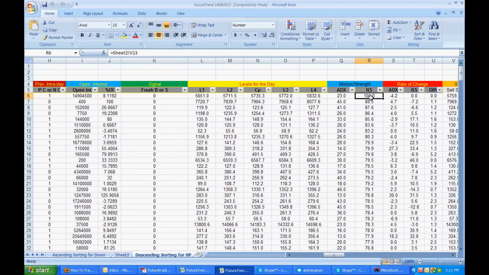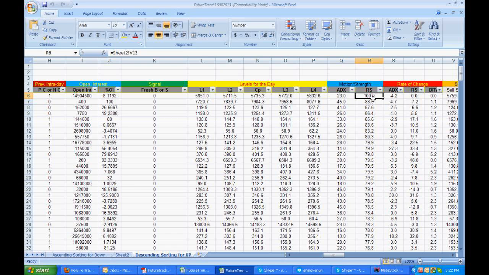In this RS we discussed up till now, relative strength, because we are keeping a benchmark, Nifty will always have 100 as a value. So Nifty is the benchmark, and we always have Nifty at 100.